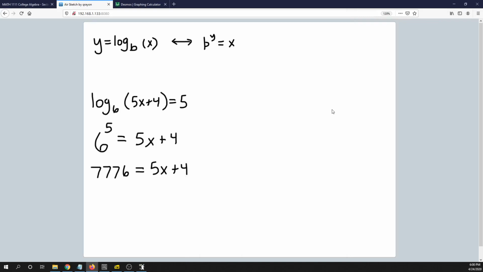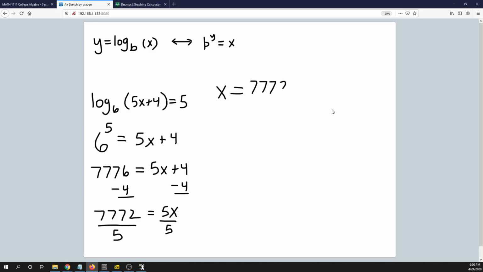And then we would subtract 4 from both sides, and then finally divide both sides by 5. All right, so our answer here is going to be x equals 7,772 divided by 5. Okay.